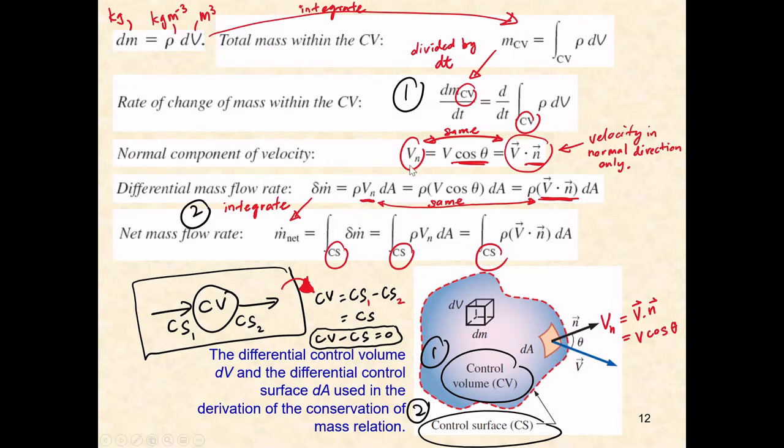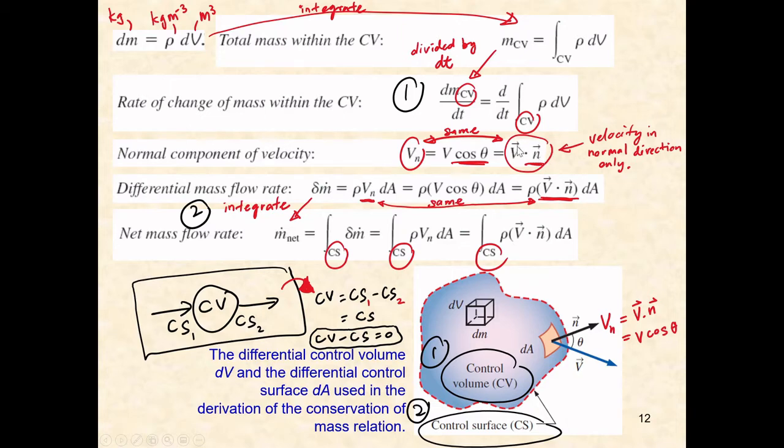Next is the normal component of velocity. In the previous slide we talked about this normal velocity. The velocity has to be normal to the area, but sometimes the velocity is not normal. So what you can do is take the velocity and multiply it by the cosine of the angle that is normal to the area, theta. So you take V multiplied by cos theta, hence V normal equals the velocity vector V dot n, where n is a unit vector.